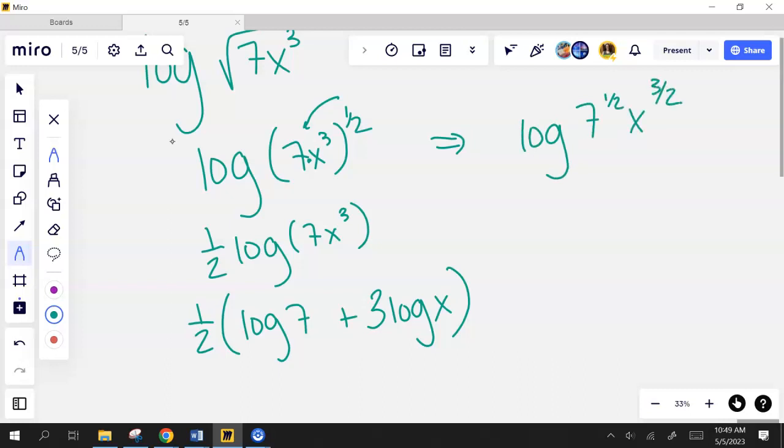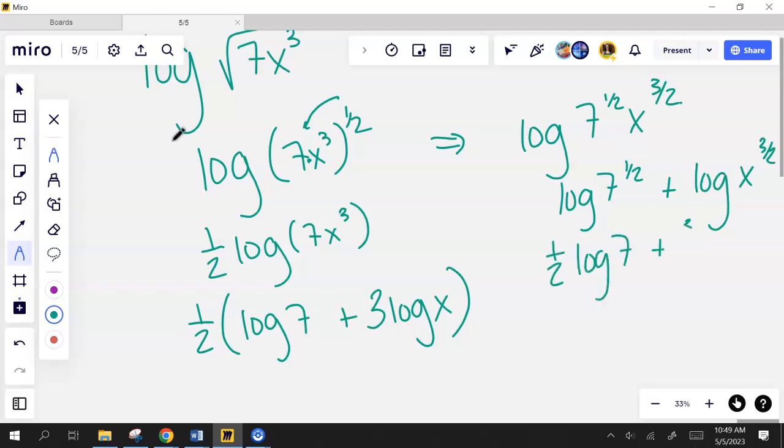Now I could split them up. So log 7 to the 1/2 plus log of x to the 3/2, and I could bring those around front. 1/2 log 7 plus 3/2 log x.